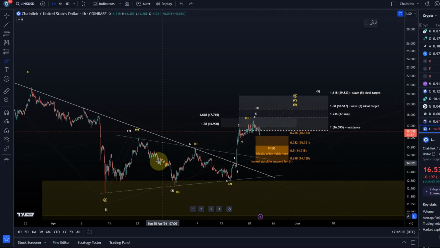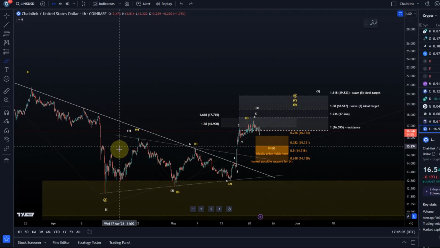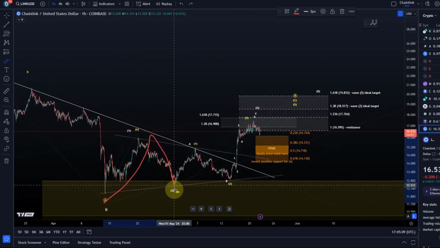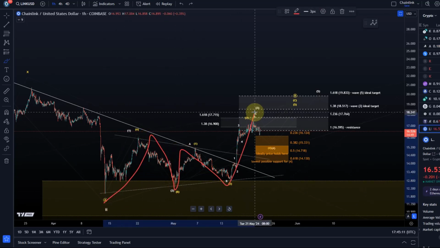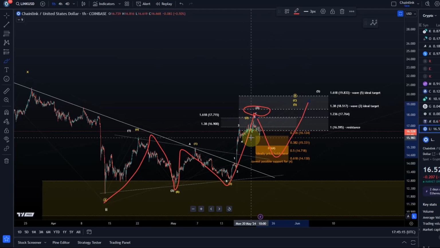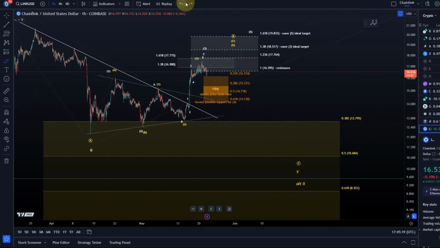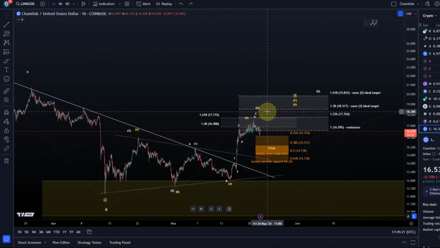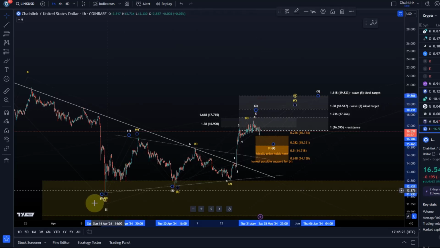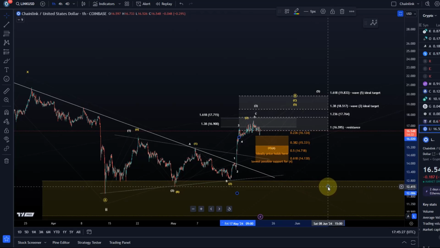Now, in the bullish count, I can count that as a diagonal pattern to the upside. Wave 1, wave 2, and then A, B, C. This would ideally be a third wave, then a fourth and a fifth. Problem is, the third wave in the white count, which is the bullish one, so far has not really fulfilled expectations.